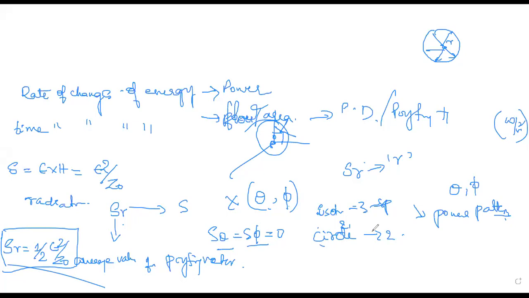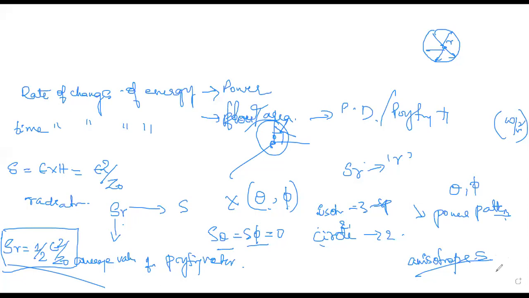A source which radiates non-uniformly in different directions is called an anisotrope. An isotrope radiates uniformly in all directions, while an anisotrope radiates non-uniformly in different directions.